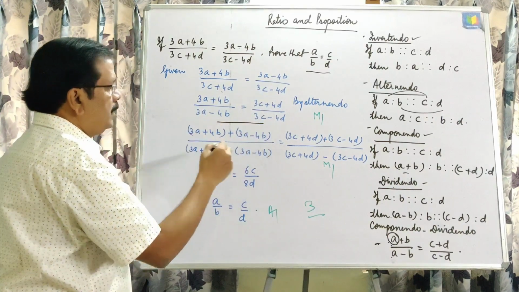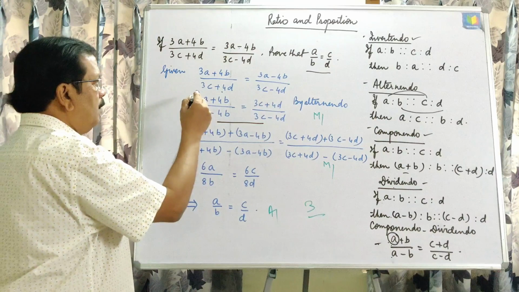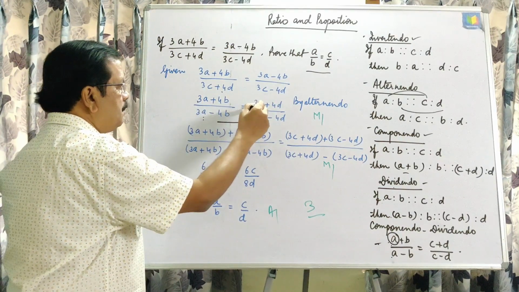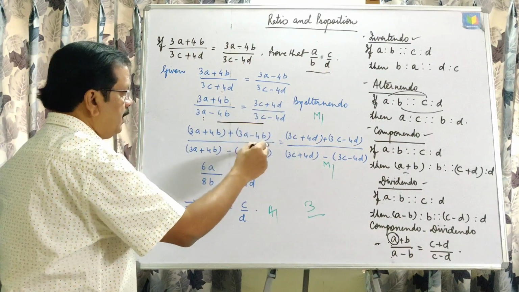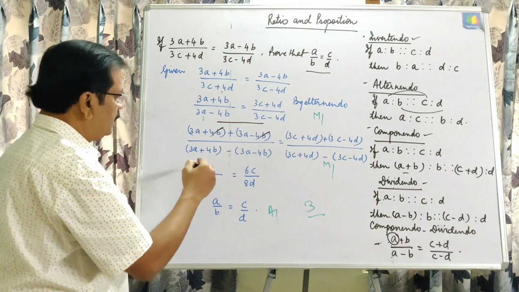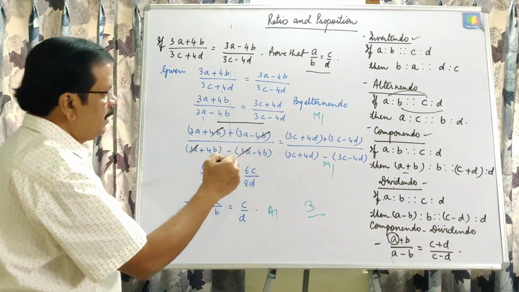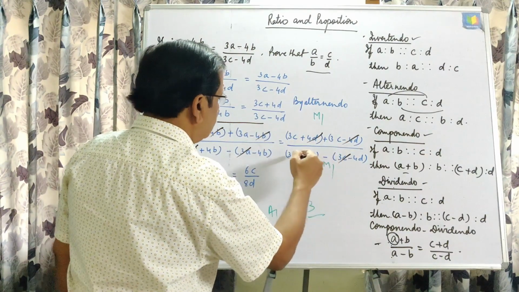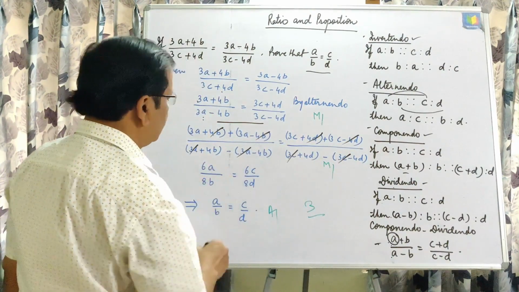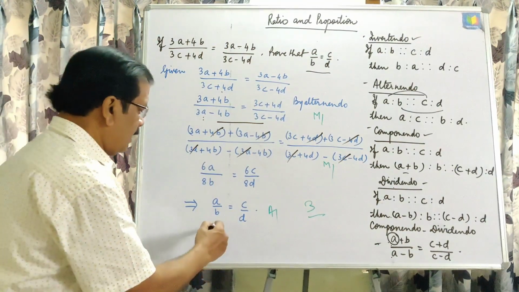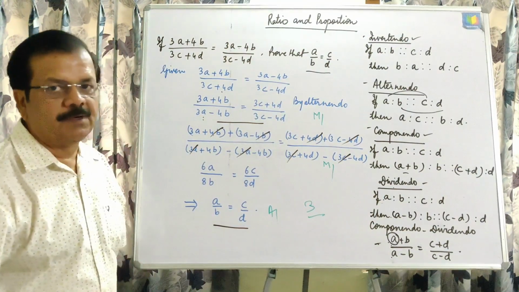And this way, using componendo dividendo, meaning A plus B upon A minus B is equal to C plus D upon C minus D, using this property, this will be cancelled here and this will be cancelled here. In the same way, D will be cancelled here and C will be cancelled here, and we are getting 6A upon 8B is equal to 6C upon 8D, and that is A upon B is equal to C upon D.